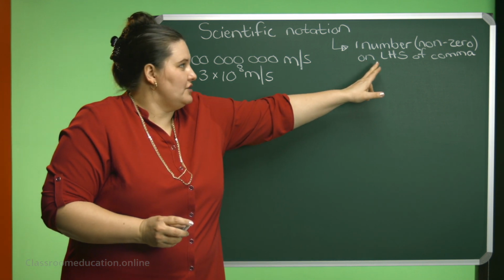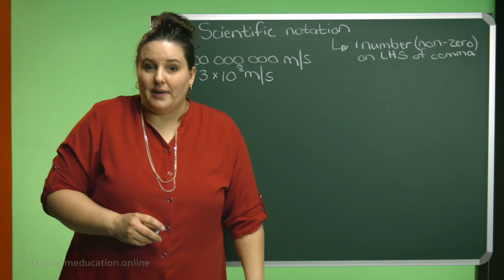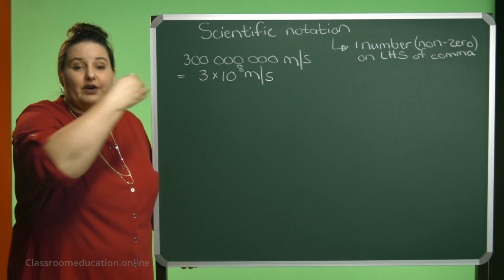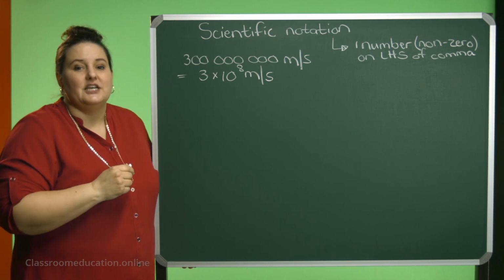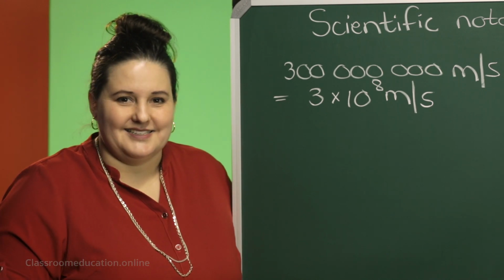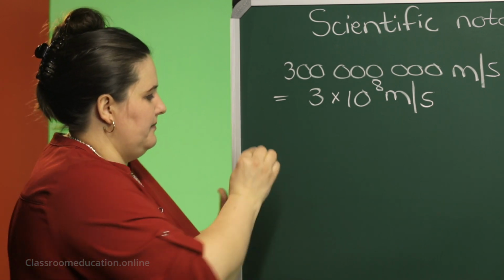So I would like to have one non-zero number on the left-hand side of my comma. And that is exactly what we did here when we changed the 300 million meters per second to 3 times 10 to the power of 8 meters per second. Okay, let's do an example and see if you understand.